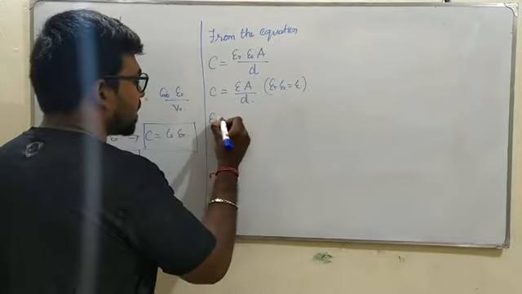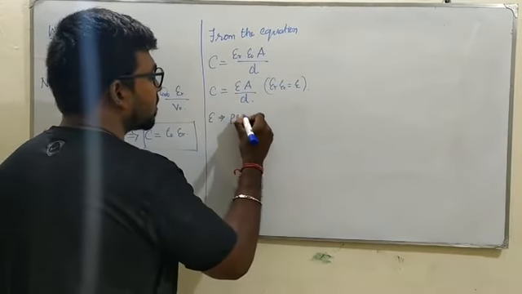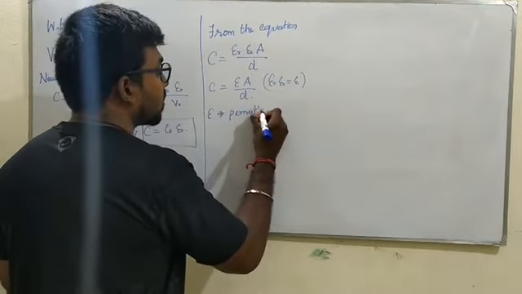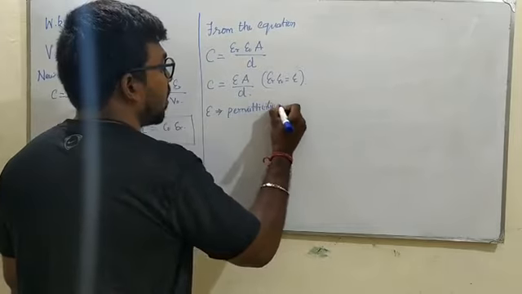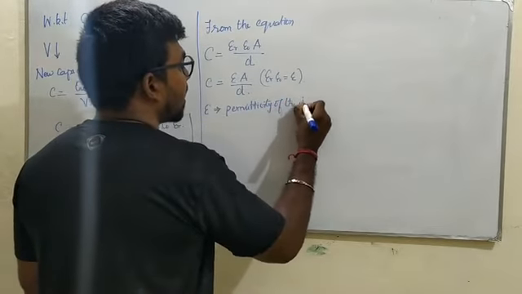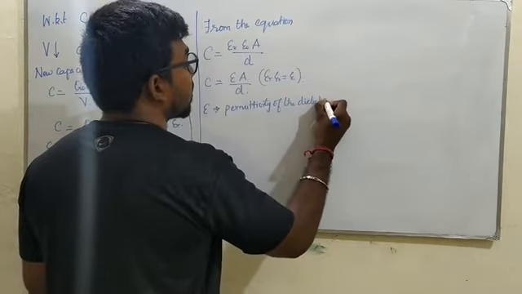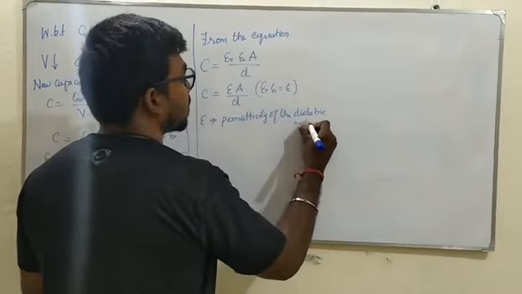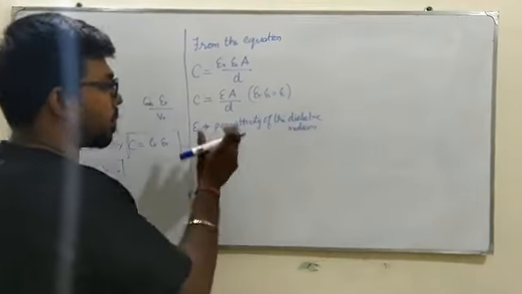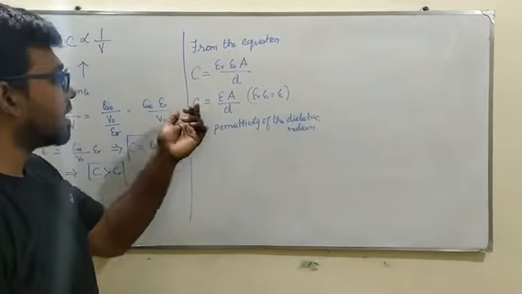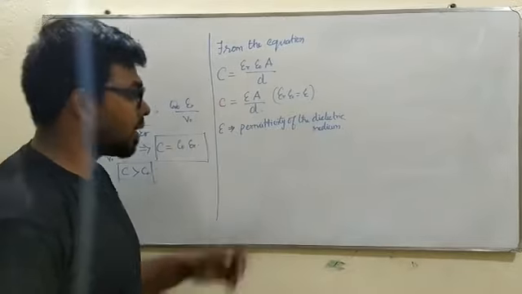This epsilon is nothing but the permittivity of the dielectric medium. So the capacitance can also be written as C equal to epsilon A by D.